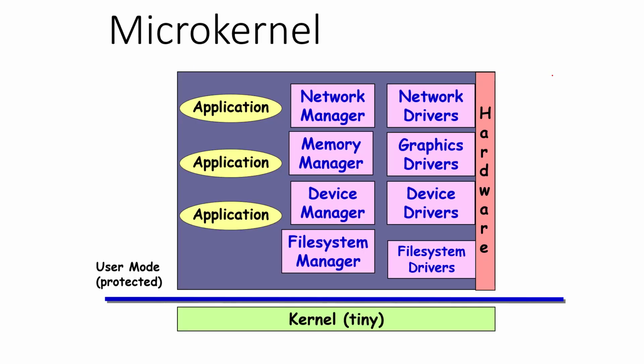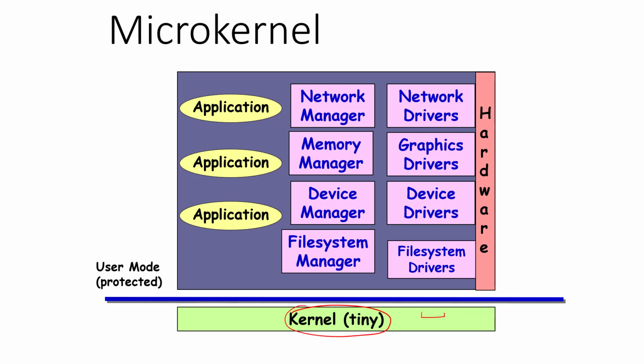So the microkernel, again, we have seen this diagram in the previous lecture, where we have a small tiny kernel which is in kernel mode, and most of the key features. So again, we have a proto implementation of the process manager, but most of the process manager and scheduler can be in what's called user mode or user land.